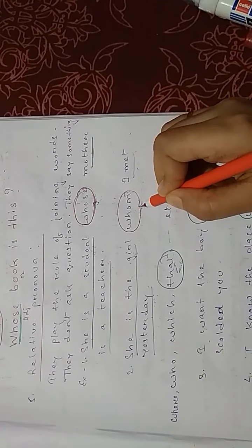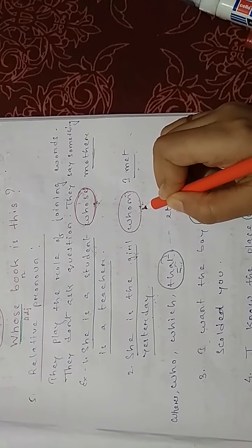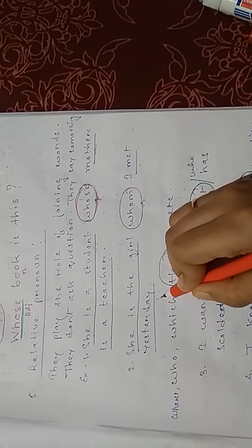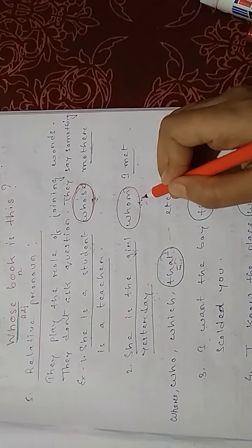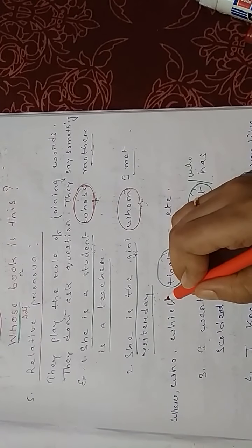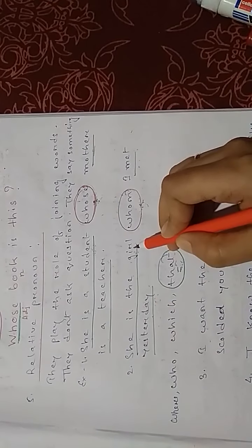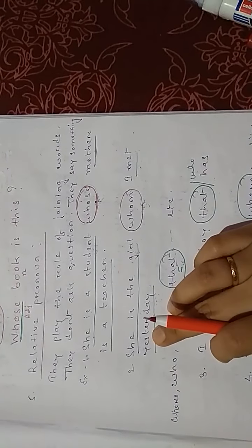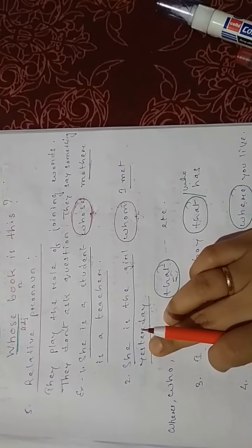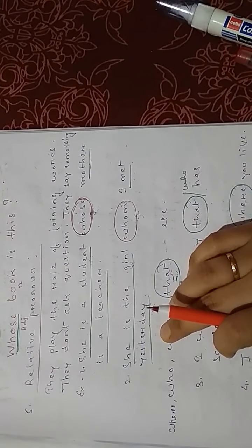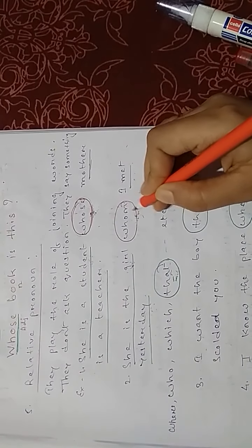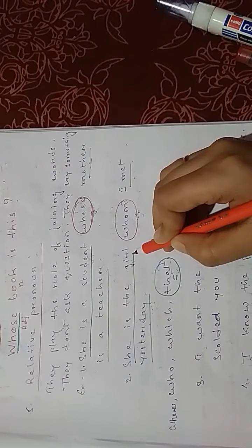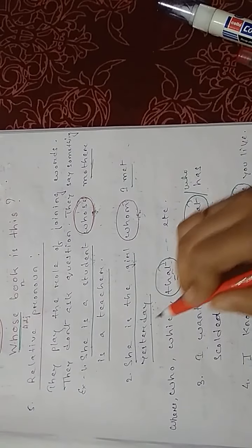It is sitting in the middle of the sentence and it is joining the two parts of the sentence. It is relating the two parts. She is the girl, one part. I met yesterday, another part. And if I join them with this whom, I get the sentence, she is the girl whom I met yesterday.